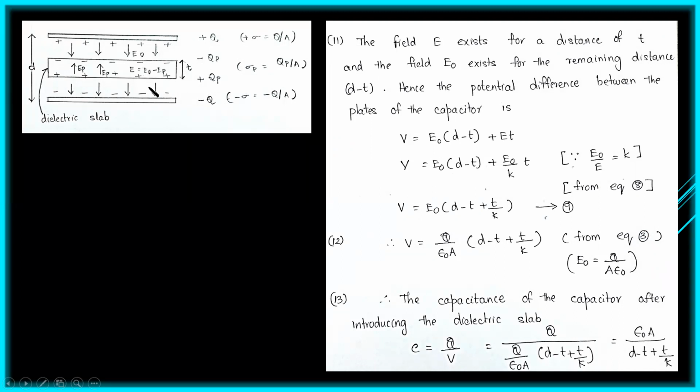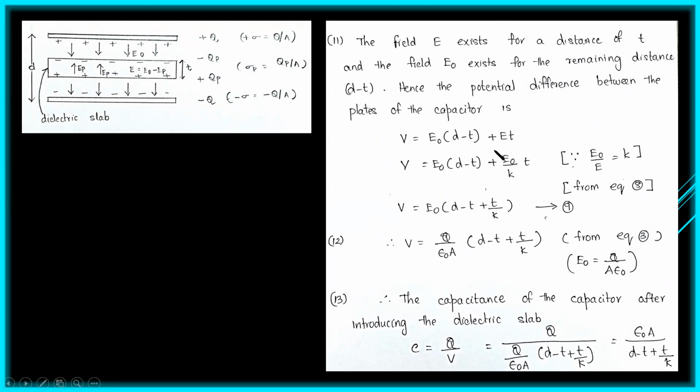E naught is for a distance of d minus t and E is for a distance of t. So therefore, potential V is equal to E naught into (d minus t) plus E naught by k into t, because we have already seen that E is E naught by k.